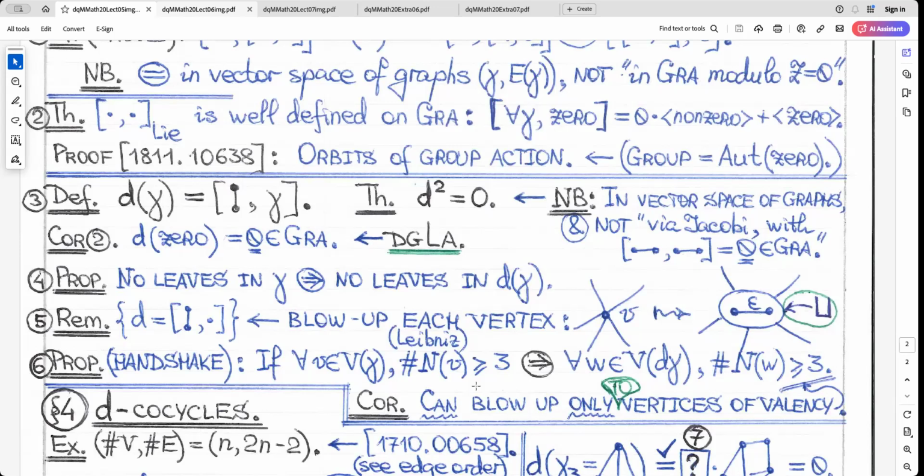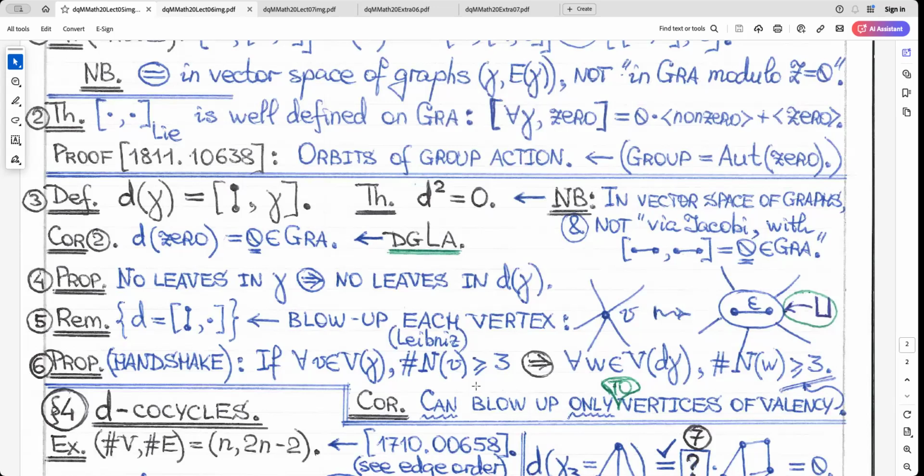And there is a handshake lemma. It is used everywhere in practical calculations. If we have no transitional vertices with only one edge here and only one edge here, so every vertex has valency at least 3, then whatever you do after the application of the differential, however complicated gamma be, you will not have transitional vertices.